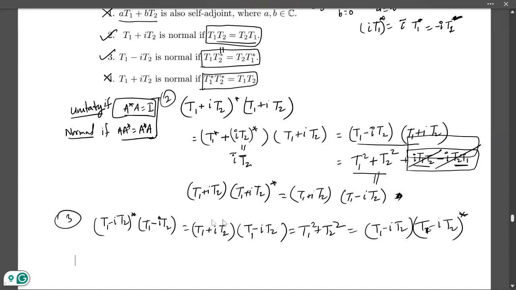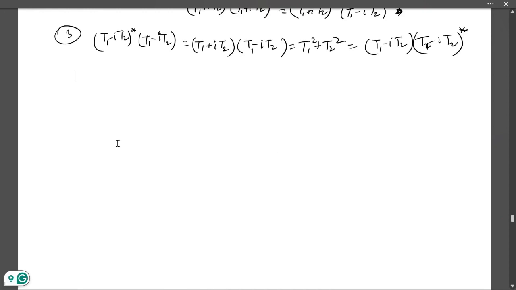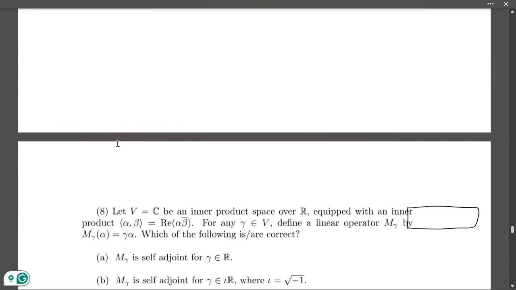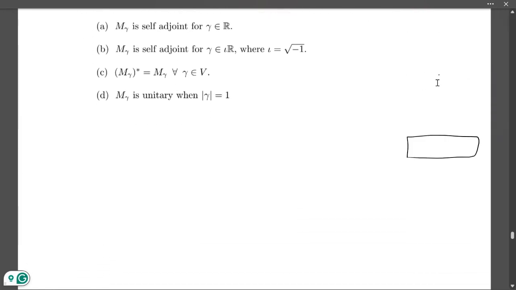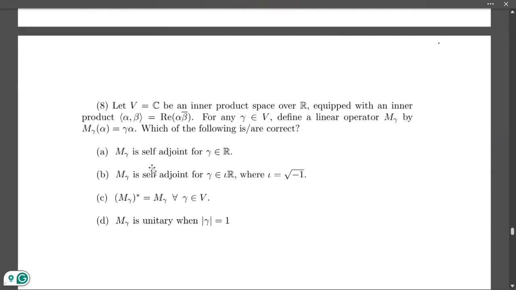Okay, let's see the next question. V is equal to C only, and it is understood as an inner product space over real numbers, equipped with the inner product of alpha, beta being the real part of alpha beta bar.